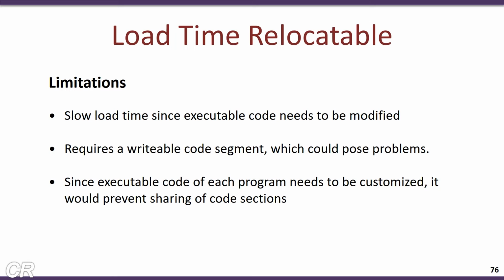In practice, to prevent duplication, all programs running on a machine would use the same copy of the shared library. For example, all programs that run in the system would use the same copy of libc so as not to duplicate libc in the RAM. However, with load time relocatable, since each program needs a very customized version of the library, such sharing would not be possible.